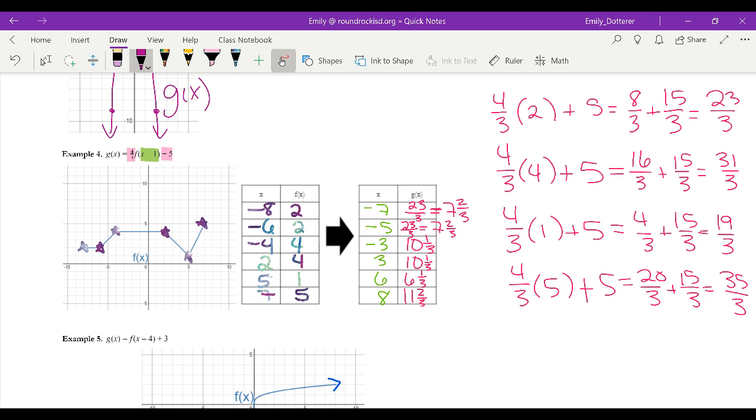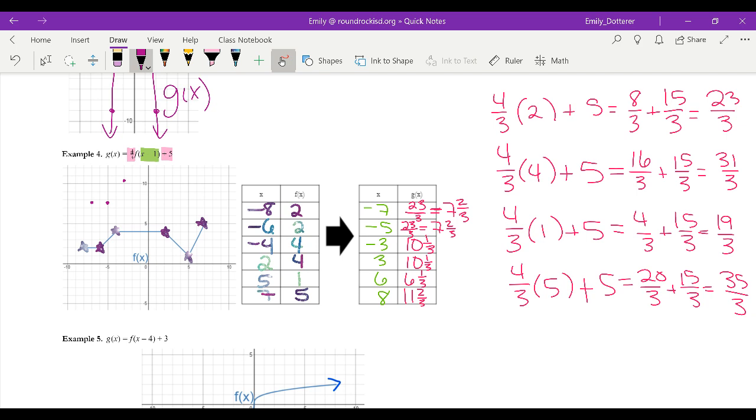So we have -7, and then 7 2/3, so that'll be about right there. And go. -3, and then 10 1/3, so right there.